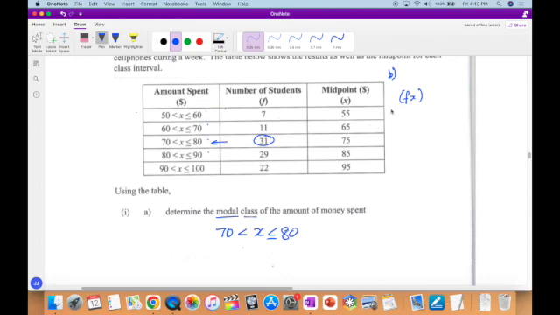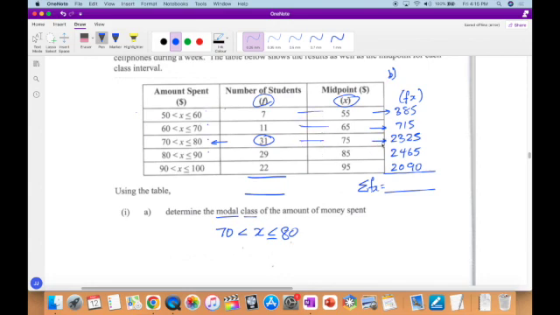Fx, so f times x, 7 times 55 is 385, and we're just going to go down the line with this. Okay, so I worked out all of the f times x, so 7 times 55 is that, 11 times 65 is that, so f multiplied by x for each one, and I get that. And now the summation of f times x is all of them added up, which gives me 7,980, and then over here we'll have the summation of f, and that will give me 100.